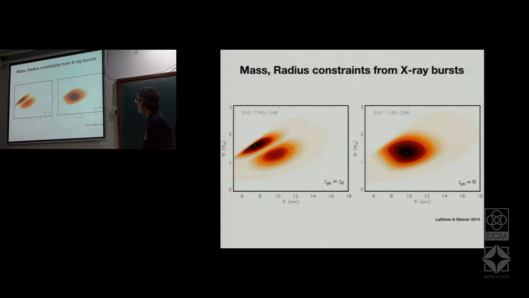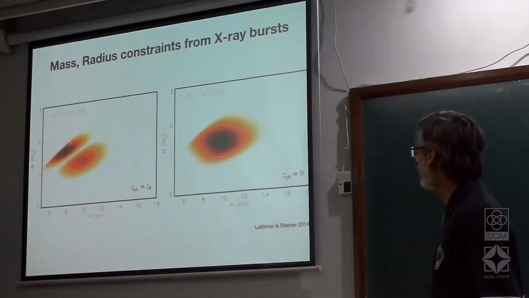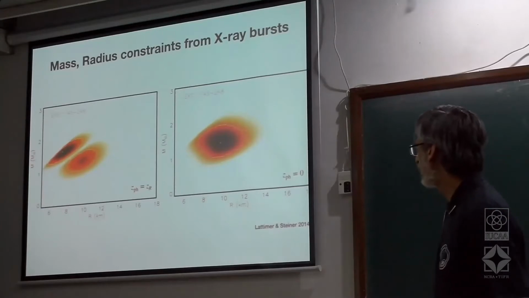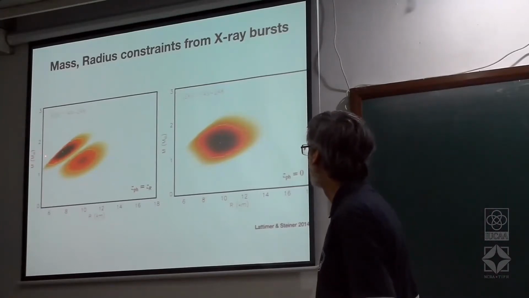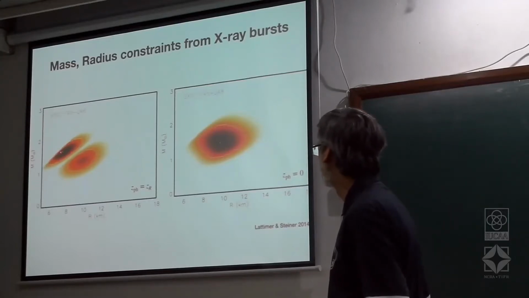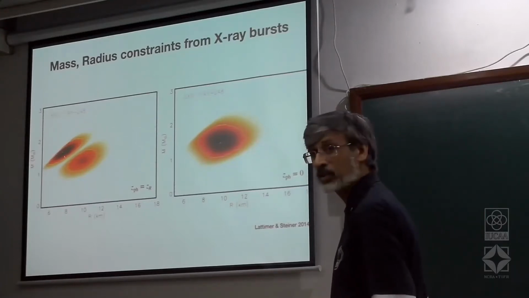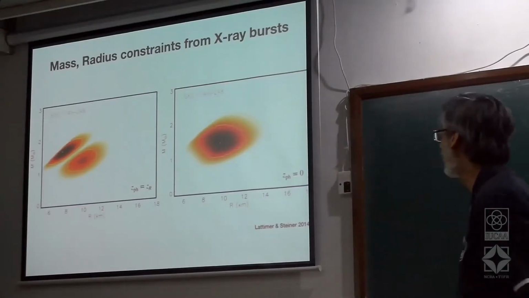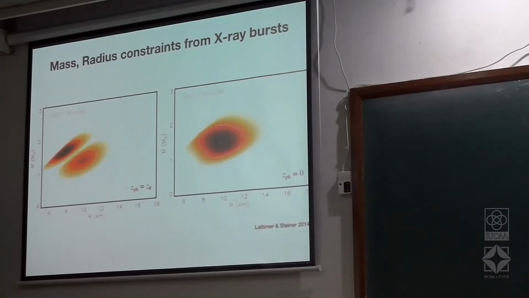And you can see that you have different islands of confidence, where you are getting measurements which here give you some 8 and 9 kilometers. Here it gives you something like 10 kilometers, with masses around 1.5 to 2 solar masses. But clearly, these measurements are not constraining enough to really pin down your equation of state. It's not reached that level yet.